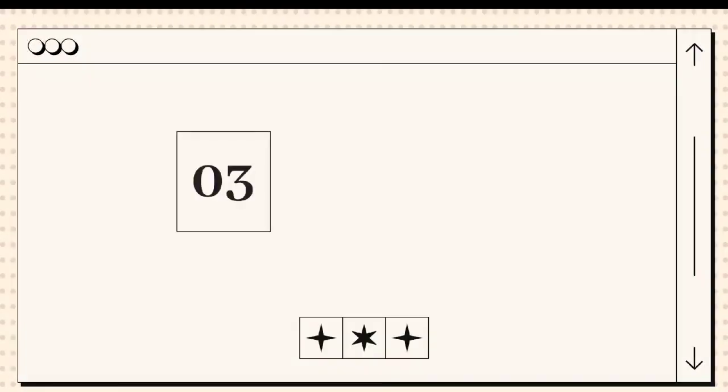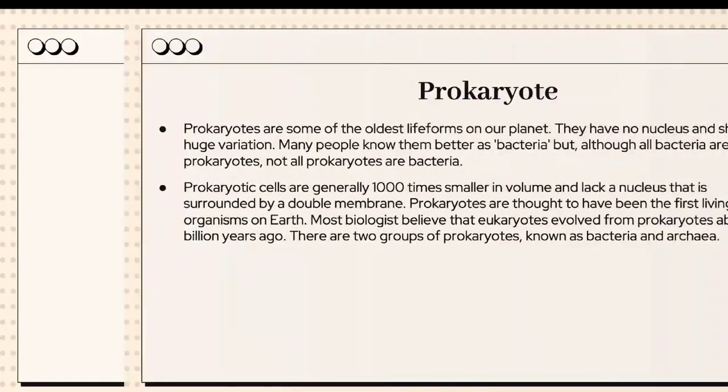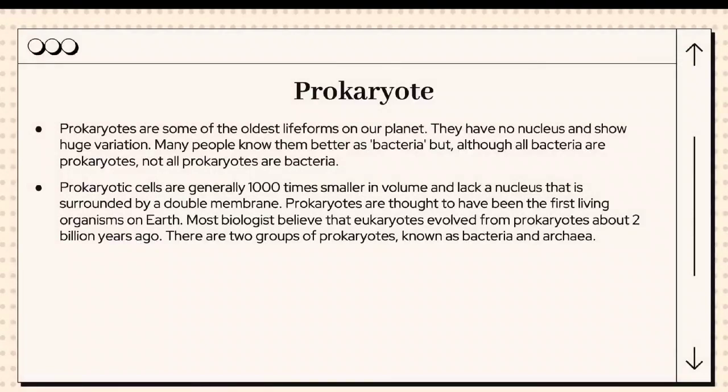We will talk about prokaryote structure. Prokaryotes are some of the oldest life forms on our planet. They have no nucleus and show huge variation. Many people know them better as bacteria, but although all bacteria are prokaryotes, not all prokaryotes are bacteria.